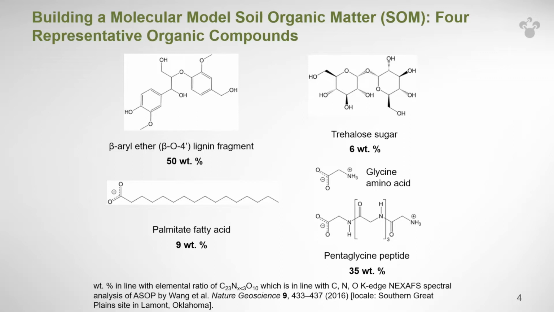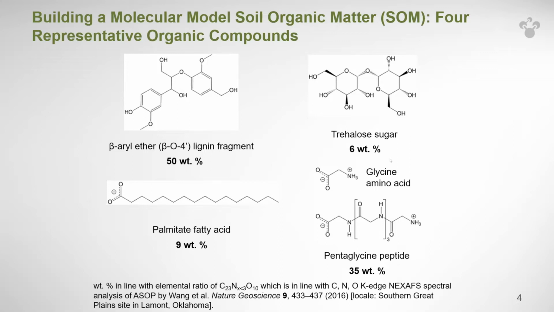Now, there are other compounds that we could also incorporate into this model at a later date, including tannins and amino sugars and others. But we started with a very simple model.